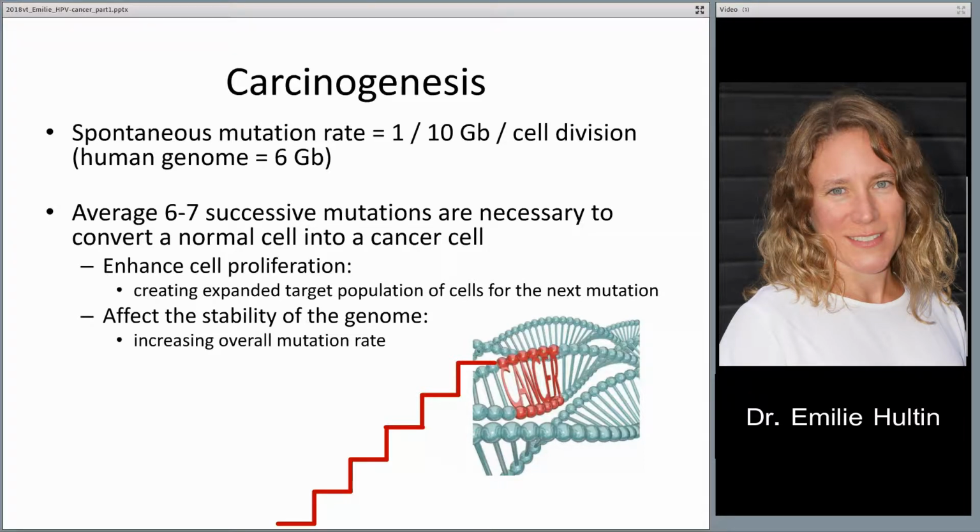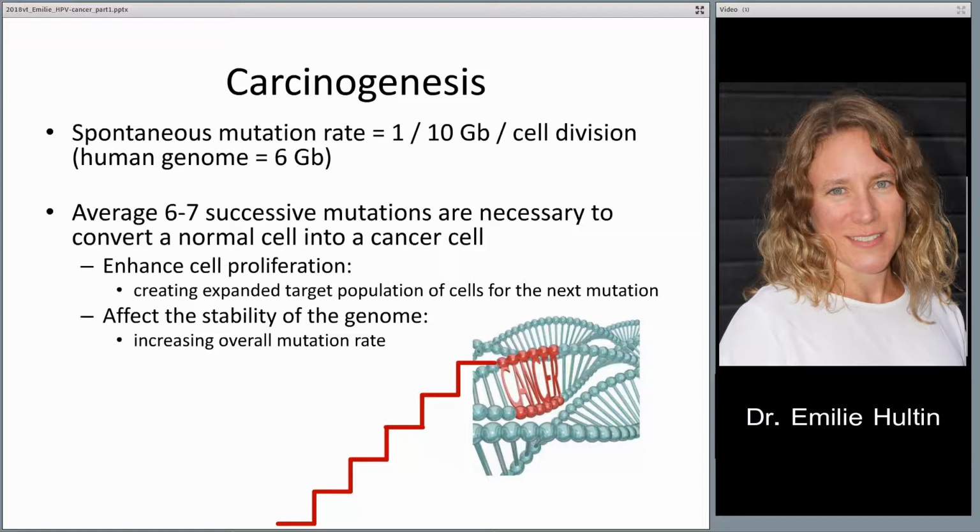For a normal cell to convert into a cancer cell, usually approximately 6 or 7 mutations are necessary for this transformation to occur. But it cannot be just any mutation. It needs to be mutations that enhance cell proliferation, because mutations that increase cell proliferation will create an expanded target of cells that grow much faster than the rest.